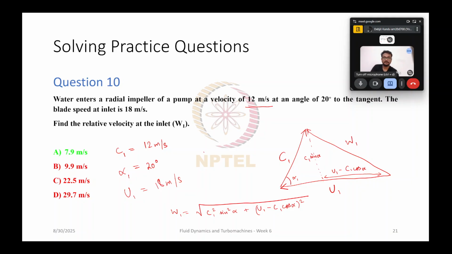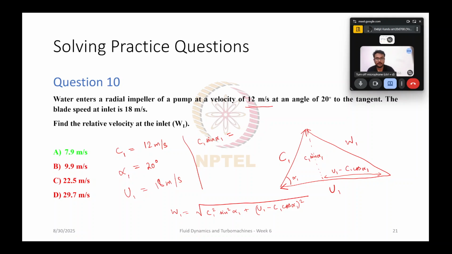And let's put in the numbers here. Let's find out what C1 sine alpha 1 is. I'm forgetting the 1 everywhere: sine alpha 1, cos alpha 1. So let's do the math. Sine of 20 degrees is 0.34, multiplied by C1, which is 12.